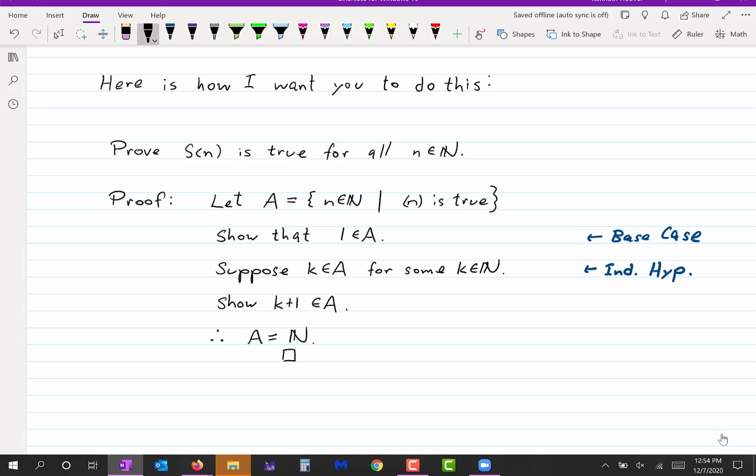Let's prove this very, very well-known formula. If you take the sum of the first n natural numbers, so the sum of i goes from 1 to n, that means 1 plus 2 plus 3 and so on up to n.